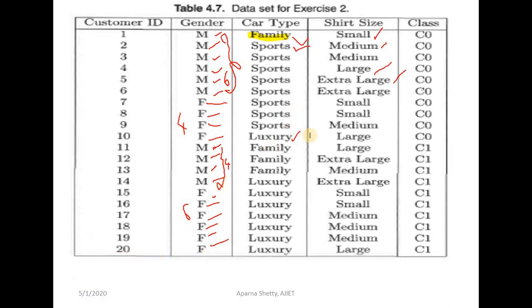How many family cars belong to class 1? 1, 2, 3. So these three family cars belong to class 1. So for family car, class 0 is 1 and class 1 is 3.